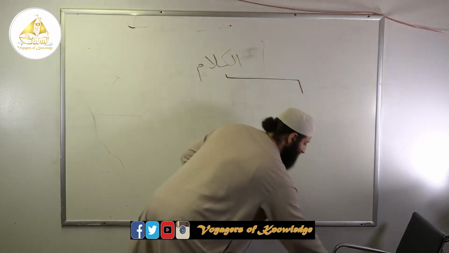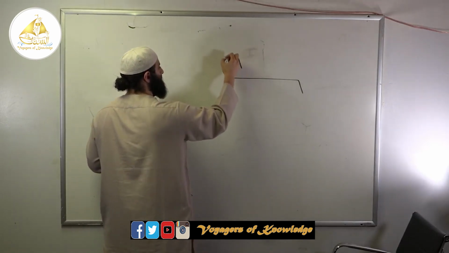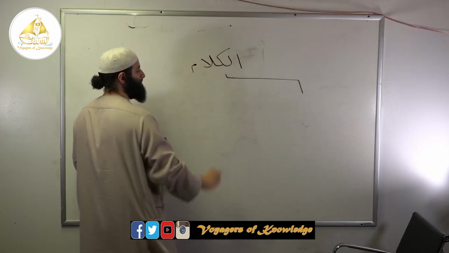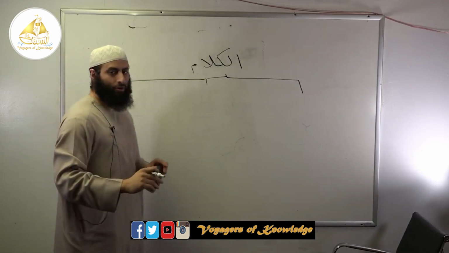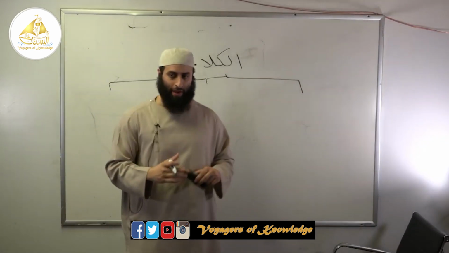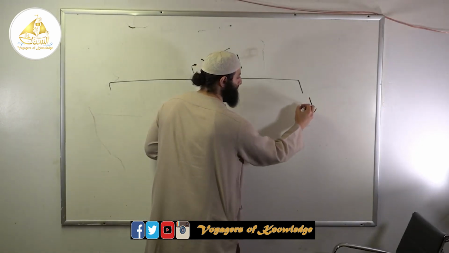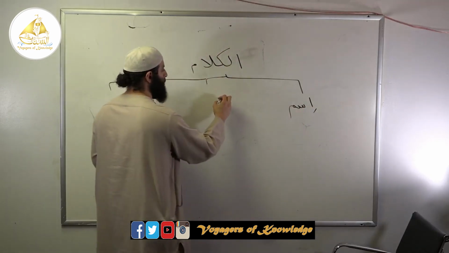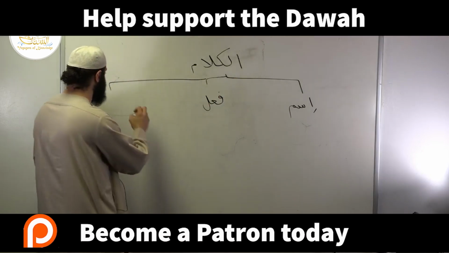Let me rewrite it. And these three categories are going to be making up all of the words in the Arabic language. You have something known as ismun, fi'lun, and harfun.